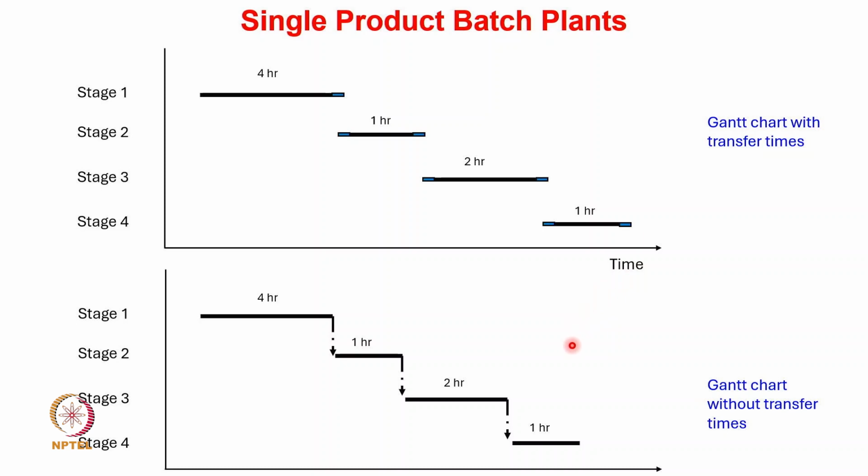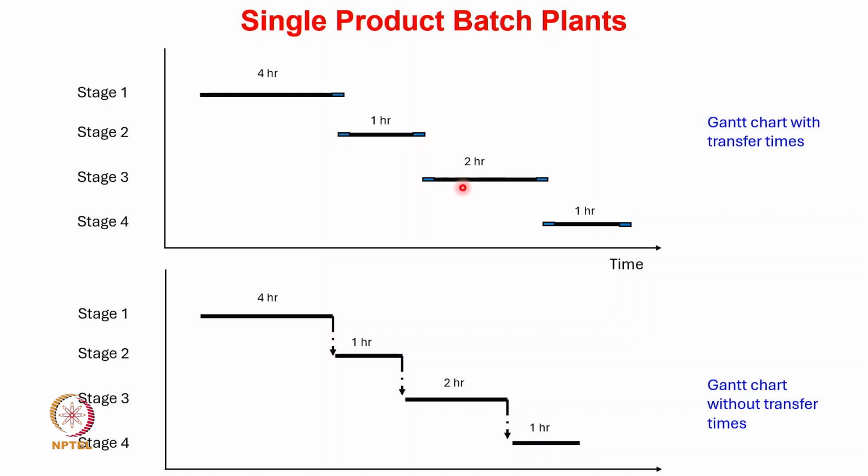And very often these transfer times are neglected, and in such cases we can simplify this Gantt chart to another Gantt chart, where these transfer times are removed. So you can see that around 4 hours are required in the reactor, plus some transfer time. In the mixing tank, 1 hour is required, plus some transfer time.